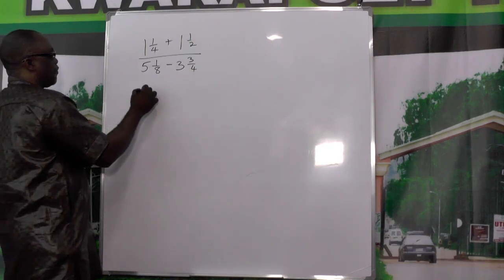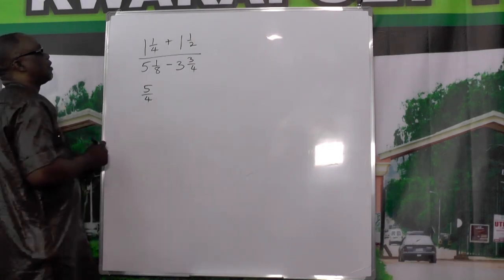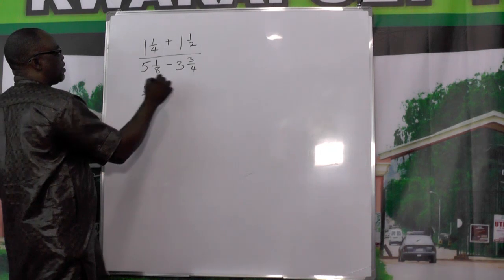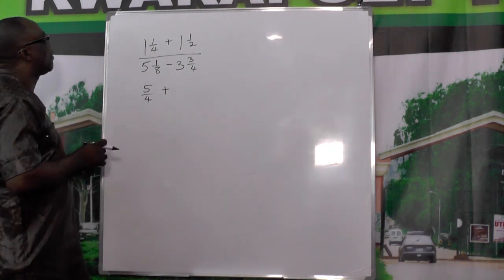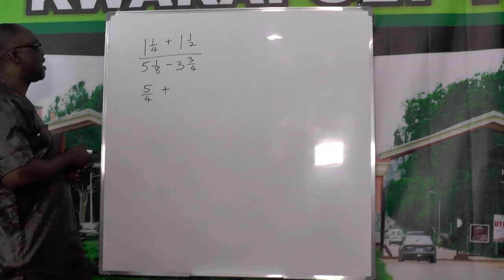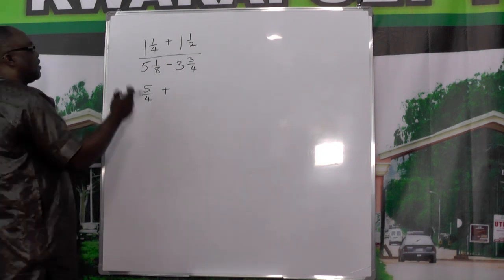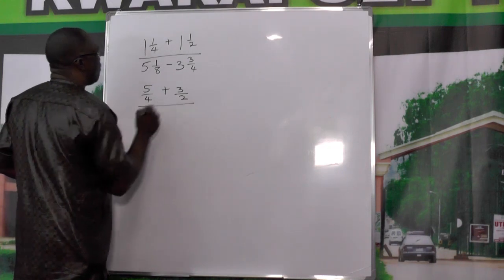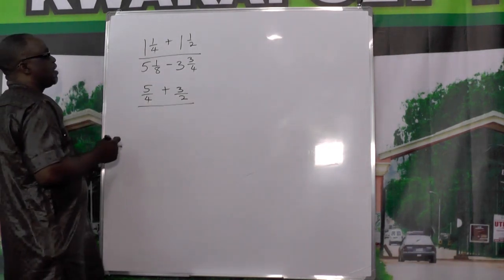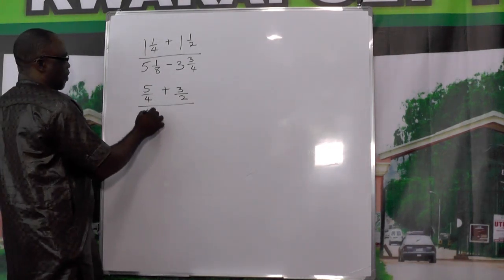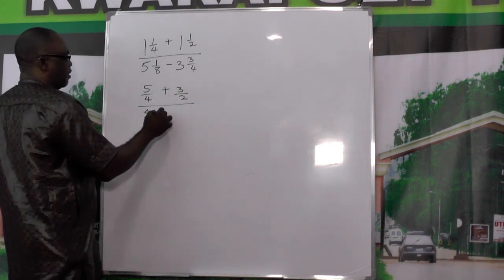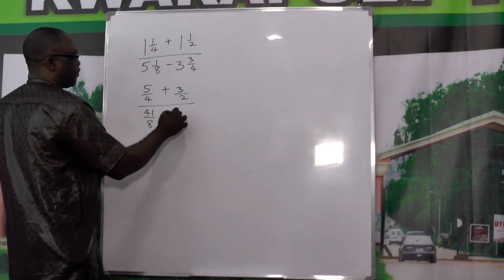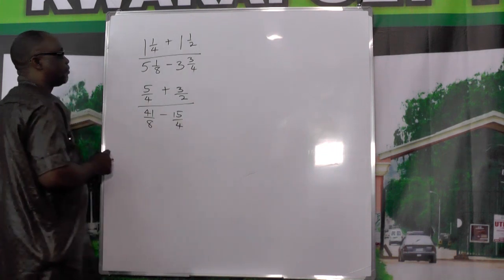We have 5 over 4. Of course, you should know how we got this now. 1 times 4 is 4 plus 1. I have 5. So I have 5 over 4. Then plus 3 over 2. Over the same thing here, I have 41 over 8 minus 15 over 4.